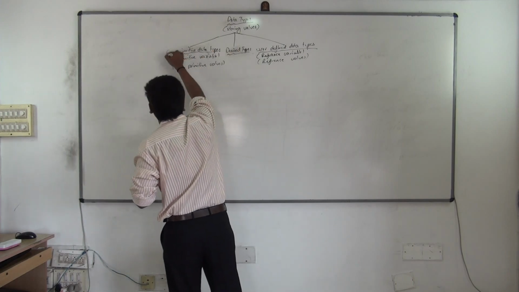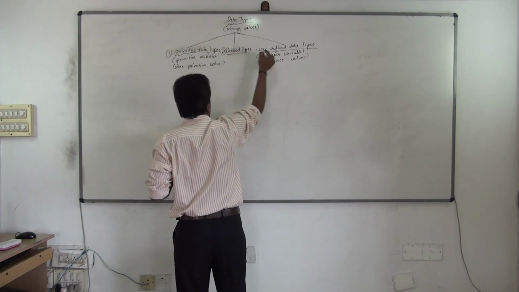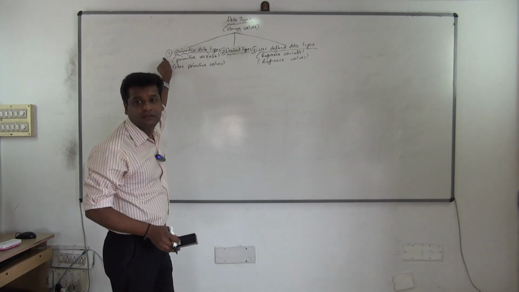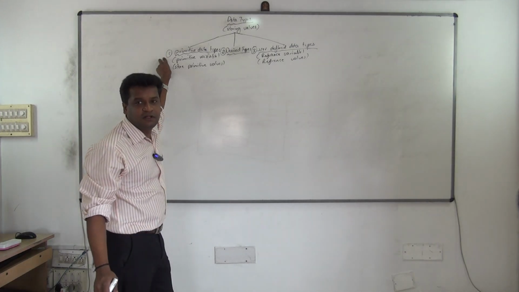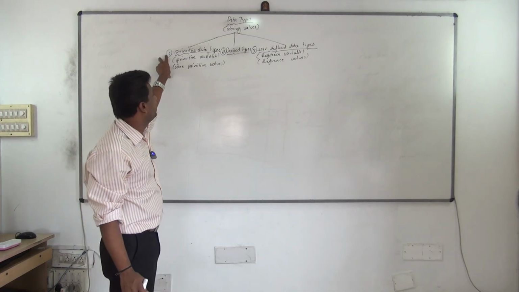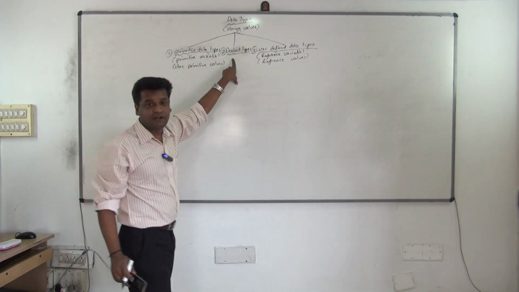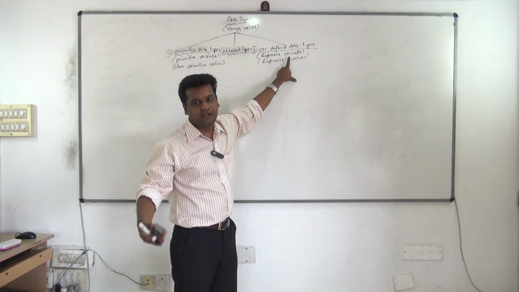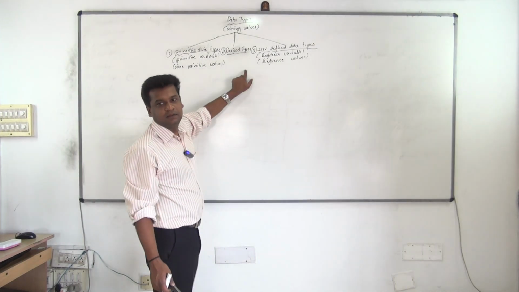So this is one, this is two, this is the third one. Are you clear? Primitive, is it visible? Are all the three visible now? So primitive data types, second one is derived types, third one is user defined types. Is it visible now? Clear?